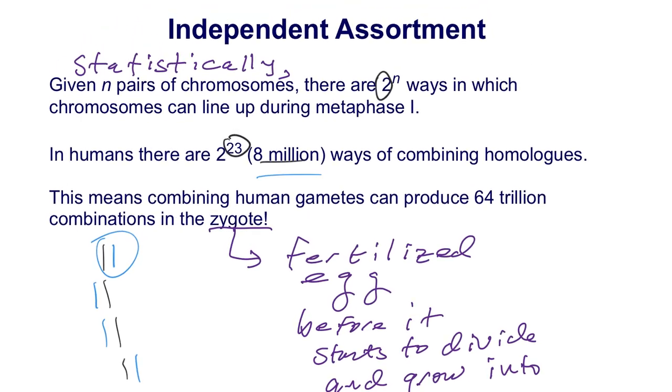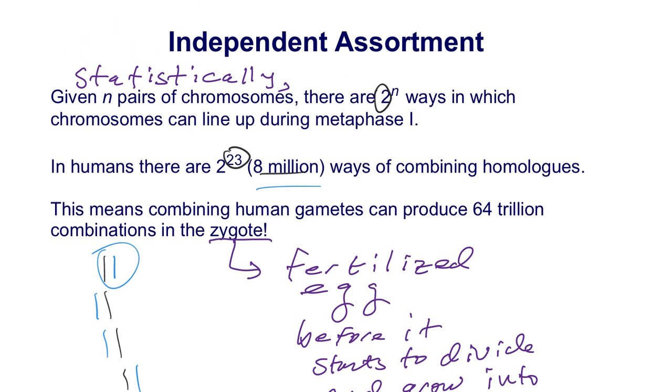And because both the egg and the sperm are doing it, you multiply those two probabilities. 8 million times 8 million is 64 trillion. So there's 64 trillion combinations in the zygote, just because of independent assortment, not even including crossover in prophase 1.